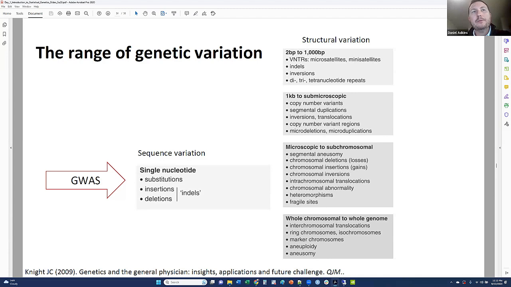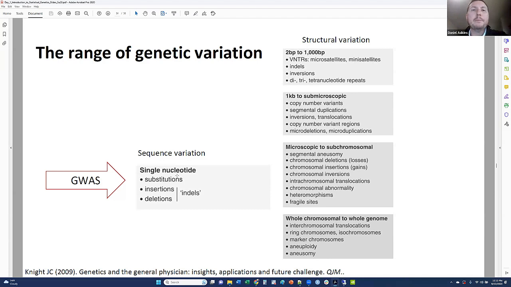If you've got a substitution at a single nucleotide, meaning at a certain single nucleotide locus in the genome, you've got two alleles. It can either be, say, an A or a C. That we would call a single nucleotide variant. And if it's a common single nucleotide variant, then we would call it a SNP, or single nucleotide polymorphism.